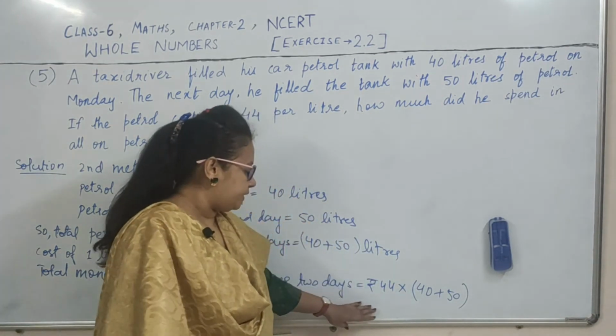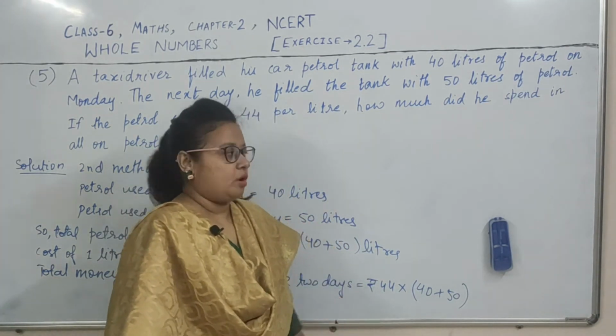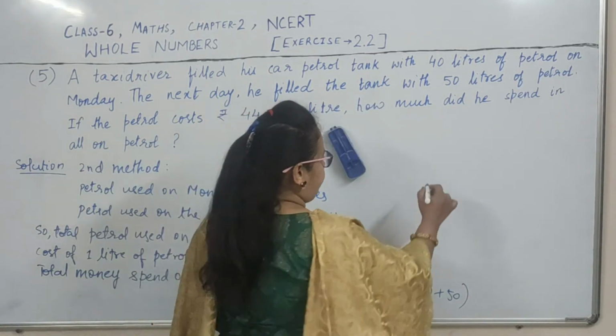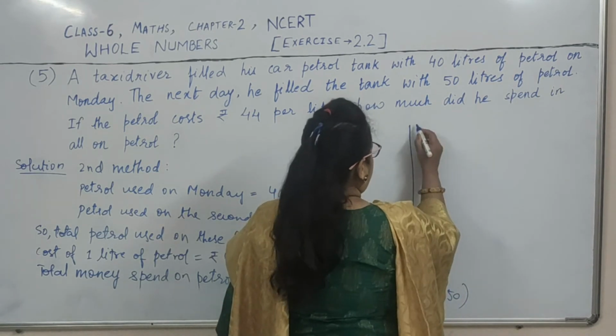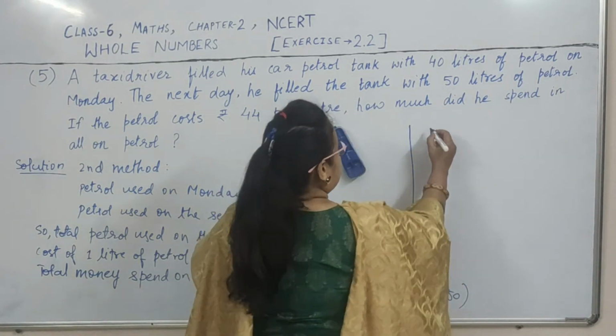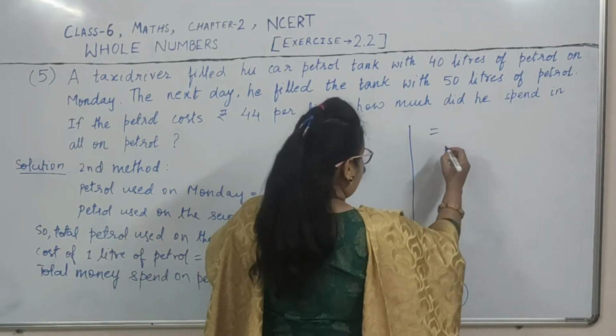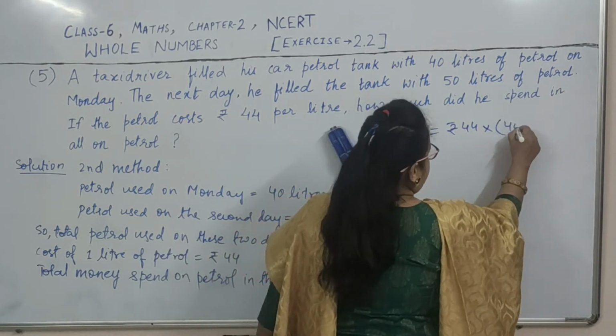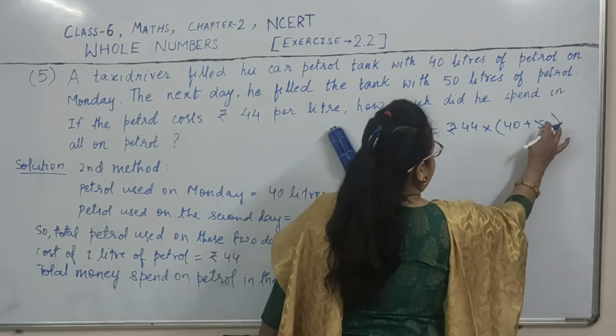Okay, so now let us solve this one. So what is this? This is rupees 44 multiplied by 40 plus 50.